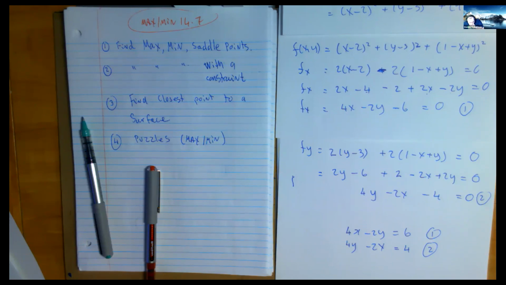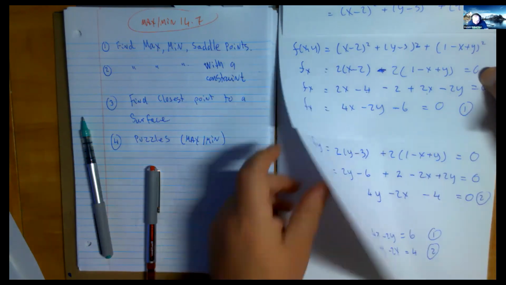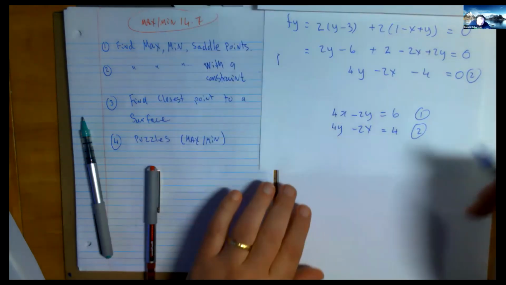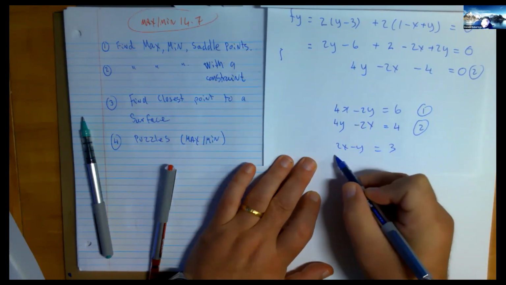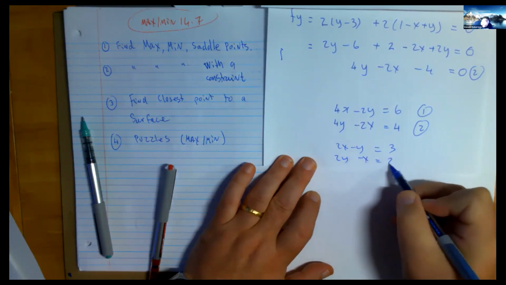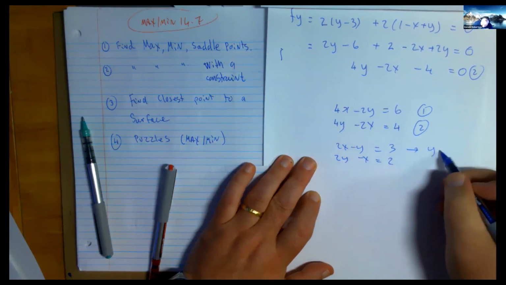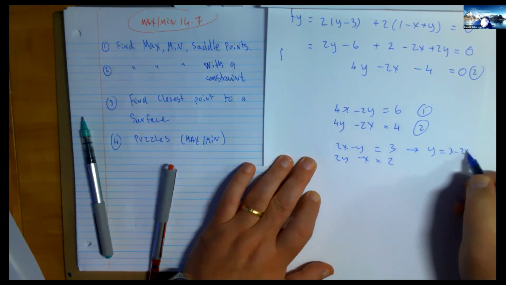So I'm going to try and, can I do this quickly enough? That's the question. Let's see if I can do a very fast version of solving this. 2x take away y is 3. 2y take away x is 2. This guy says that y is 3 minus 2x.